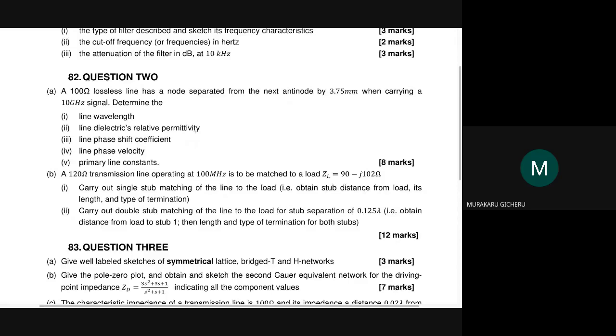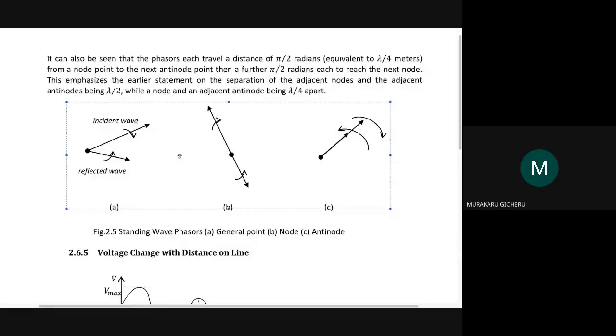So basically what it says is that when you have the incident and the reflected waveforms, as in part B, this is now what we're calling a node.